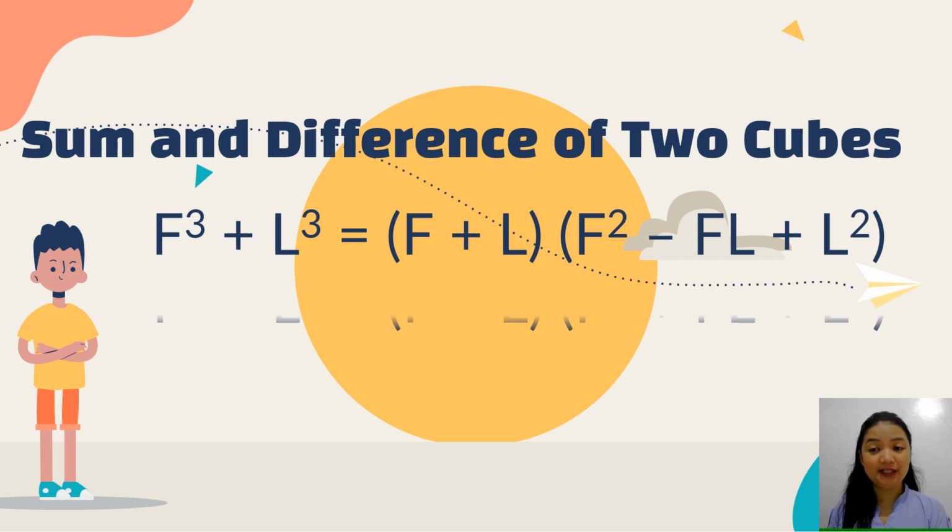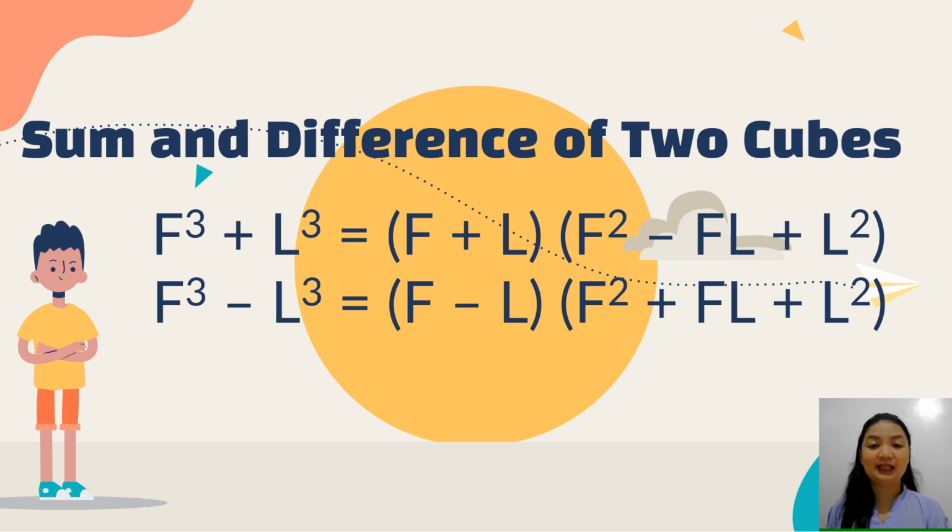So for the difference of two cubes, that is simply cube of the first term minus cube of the last term is actually equivalent to the quantity first term minus the last term times the quantity first term squared plus product of the first and then the last and then the square of the last term. So let us try with the following examples.